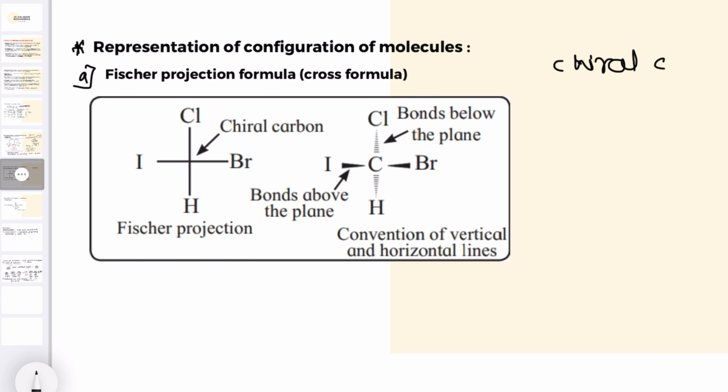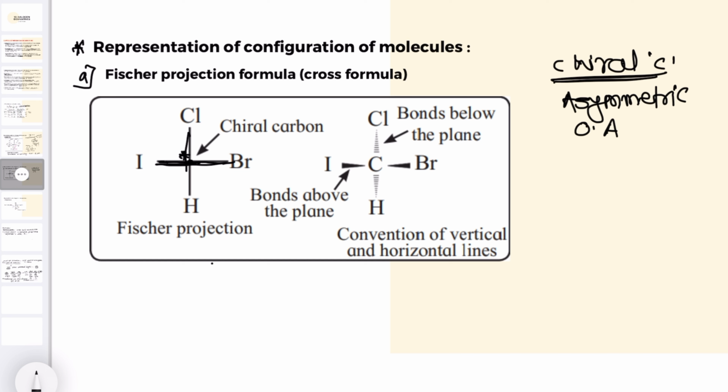Chiral carbon is also known as asymmetric carbon, and it is optically active. Okay, here this is representation of carbon atom and showing the 4 different groups.